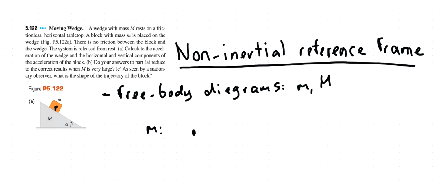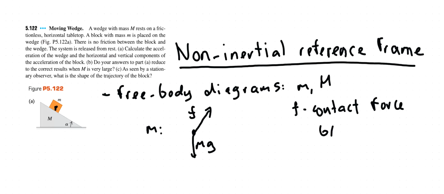One is, of course, gravity, and there's a contact force between the block and the wedge, acting that way. I'm going to call it F, the contact force between the block and the wedge.